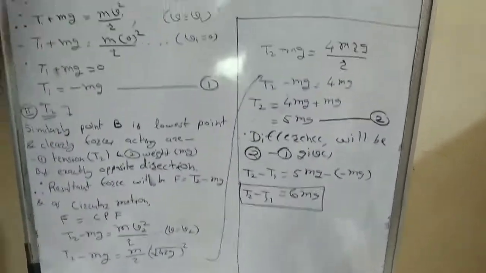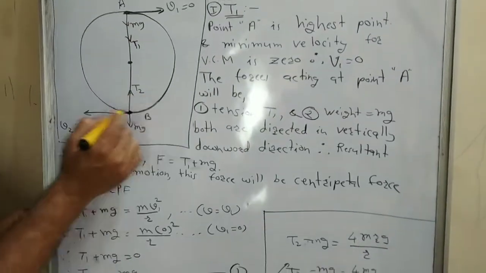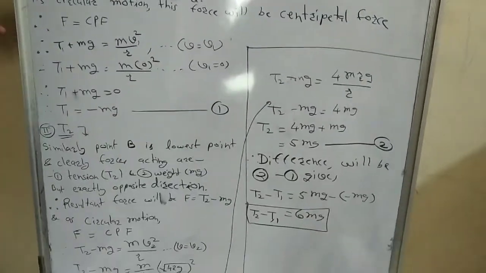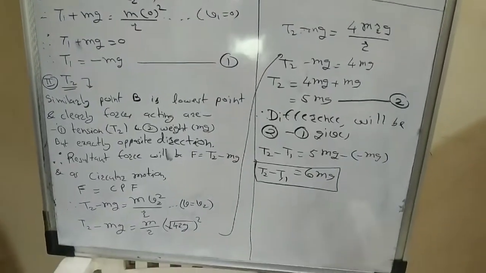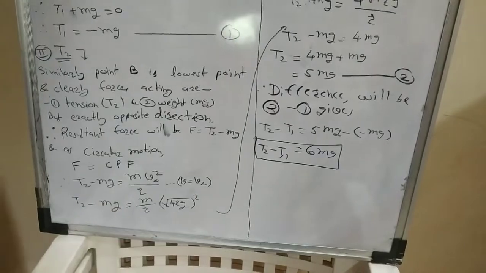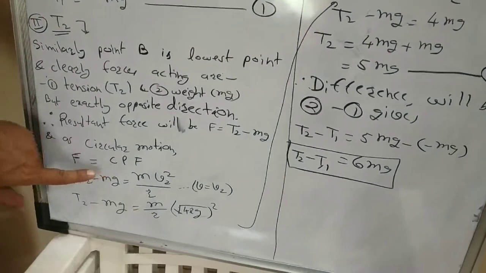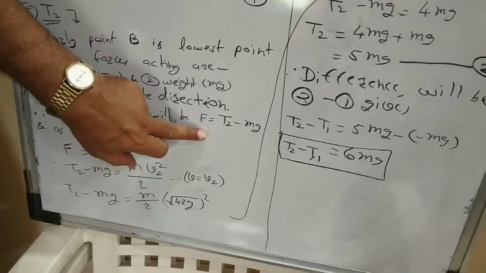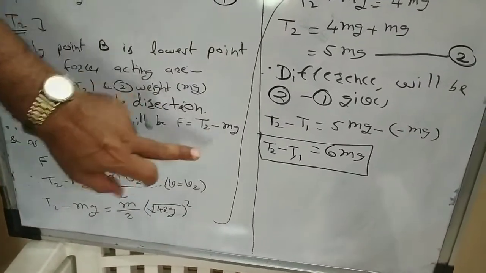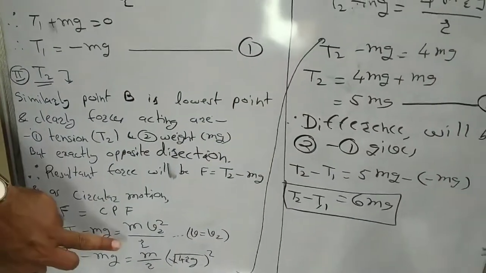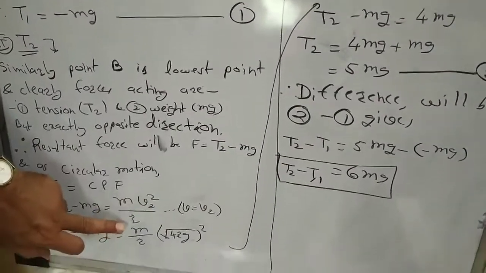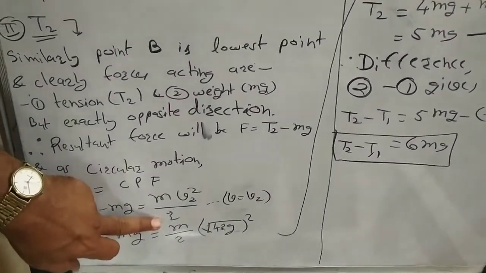Again, at this typical point, the body moves along a circular path, so definitely there is a centripetal force acting on the body. This force is responsible for circular motion. So in place of F, we write T2 minus mg is equal to mv square upon r, the standard formula for centripetal force.